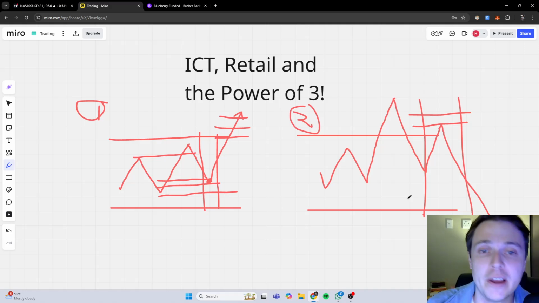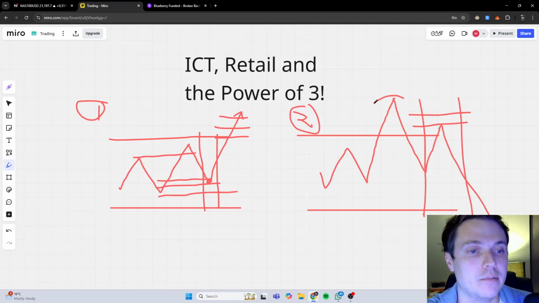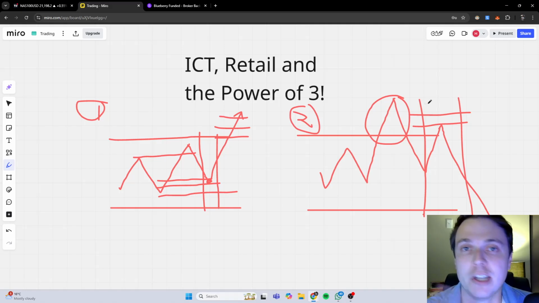Obviously, these two examples can be inverted as well for sells and buys, but this is the type of things that we look at. So in this case, some type of liquidity sweep in the London session, just before the New York session, and then going back down to the downside. Usually when we see this type of move, it's quite a strong indication that NASDAQ or gold or US30 is going to go into the opposite direction during New York session.